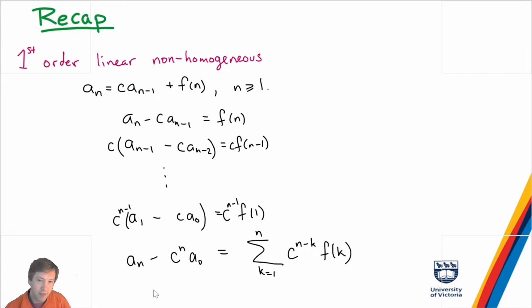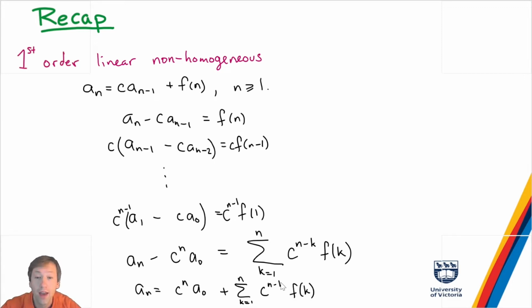So this basically gives you a formula for a_n in terms of some exponential multiple of a_0, plus some sum k equals 1 to n involving f(k). So c to the n minus k f(k).